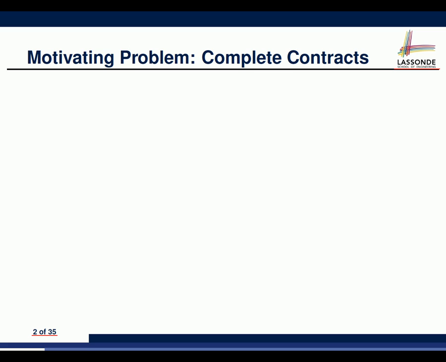How can I know if a contract is complete, especially for the postcondition? Anybody want to try? If I have 5 attributes, what does that mean?